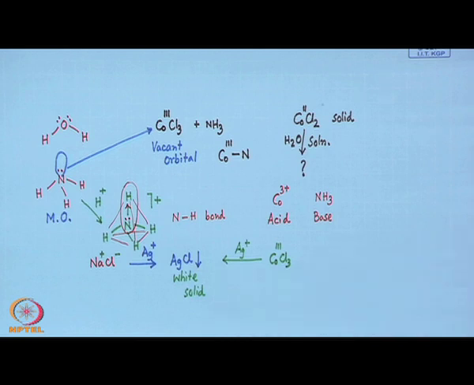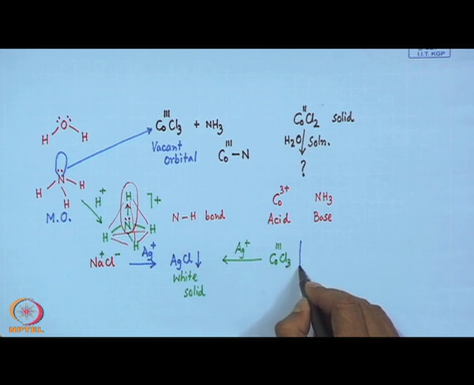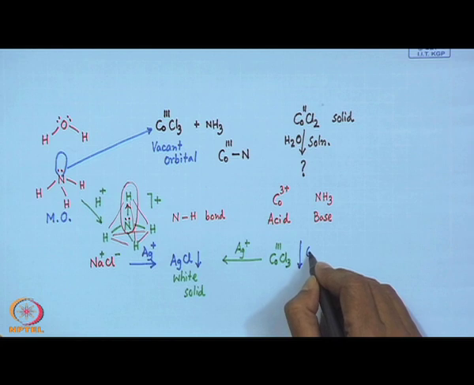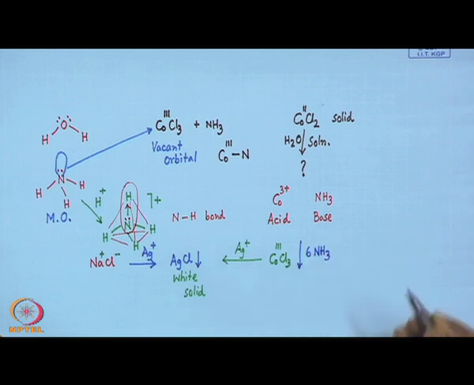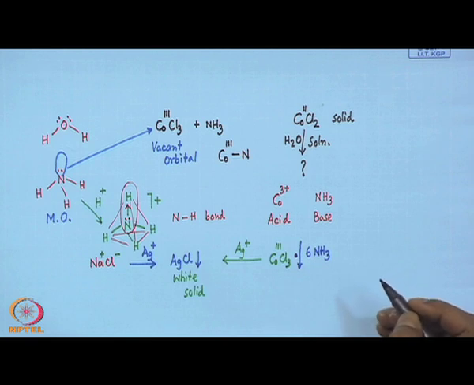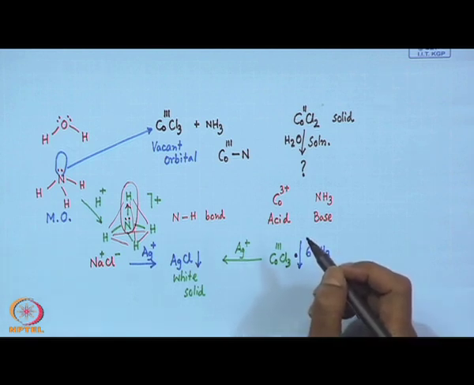So, now here the situation is a little bit different, because we have added to this cobalt chloride salt 6 ammonia molecules, and we got some composition of this, which is CoCl3 center dot 6 NH3.